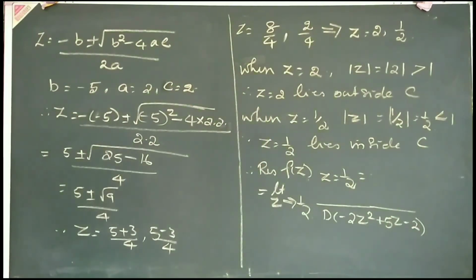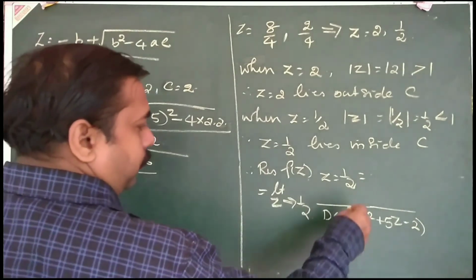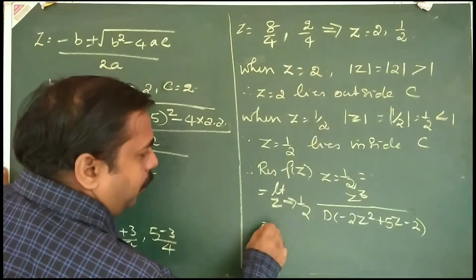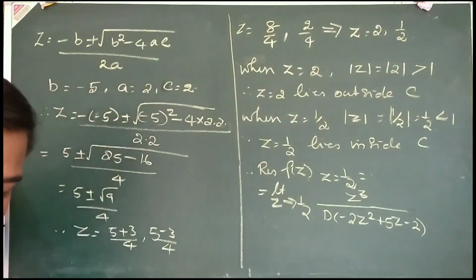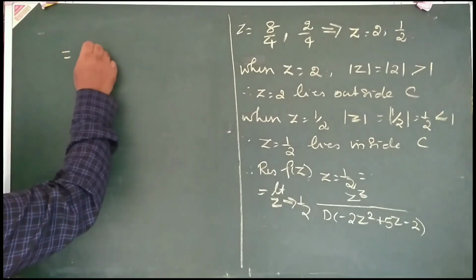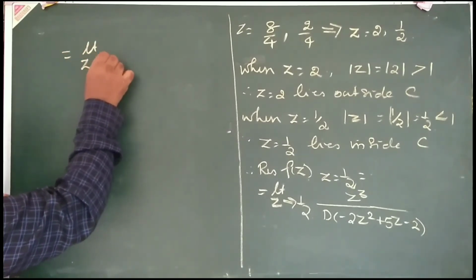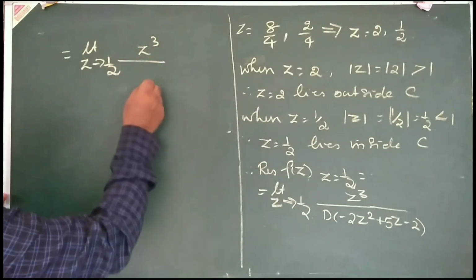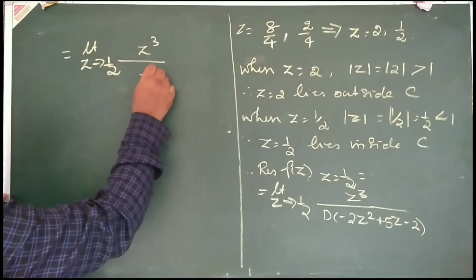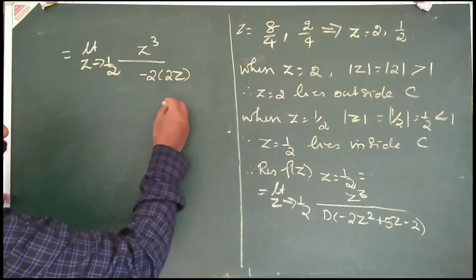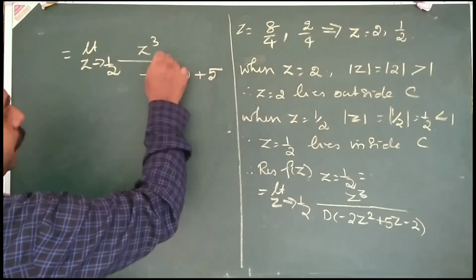So that is equal to limit z tends to 1 by 2 of z cube by, minus 2z square differentiation is minus 4z, plus 5z differentiation is 5.